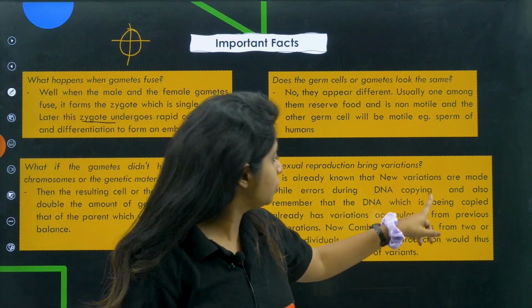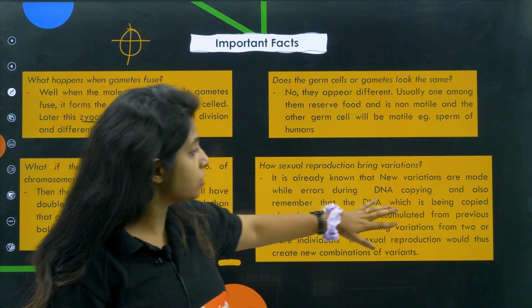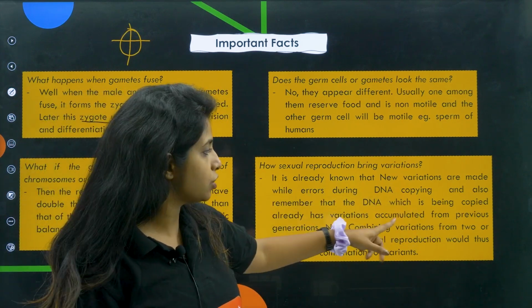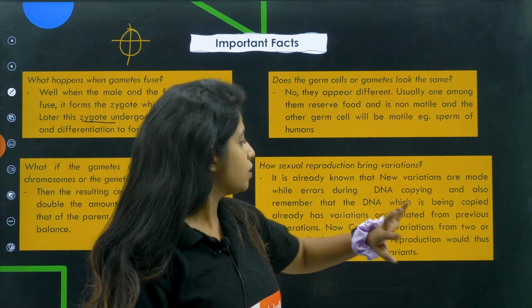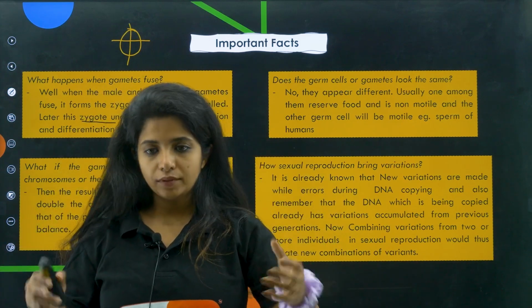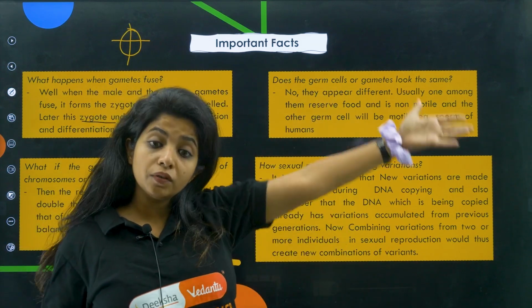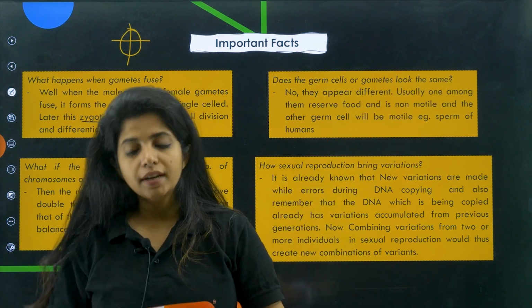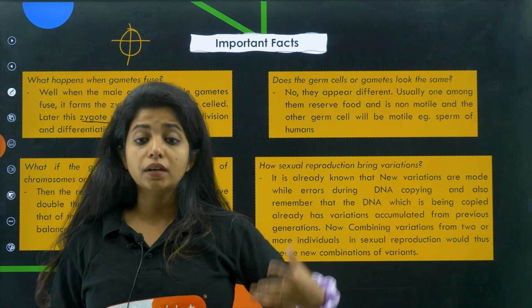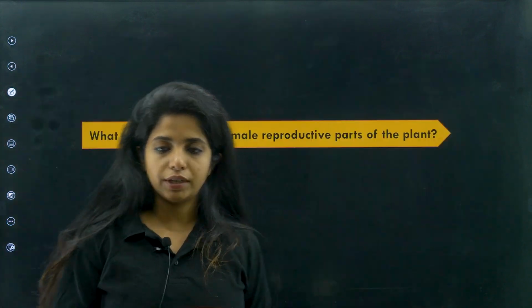So, it is already known that new variations are made by errors during DNA copying, and also remember the DNA which is being copied already has variations accumulated from previous generations. Okay, so whatever variation we are having now while copying, that is there. Before that also certain variations might have happened, so that is also there. This brings about lots and lots of variation. Apart from that, two parents are involved, that is one big reason for it.